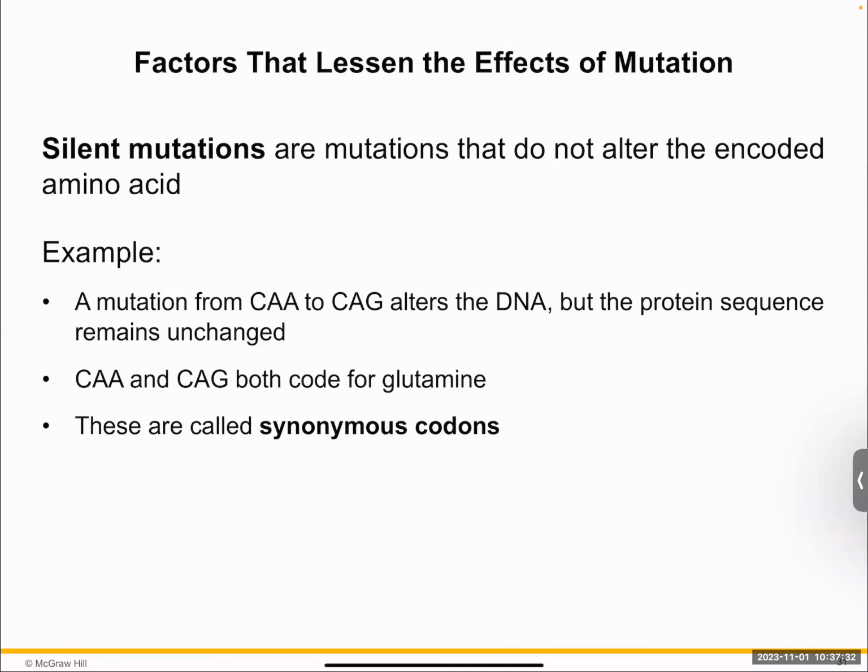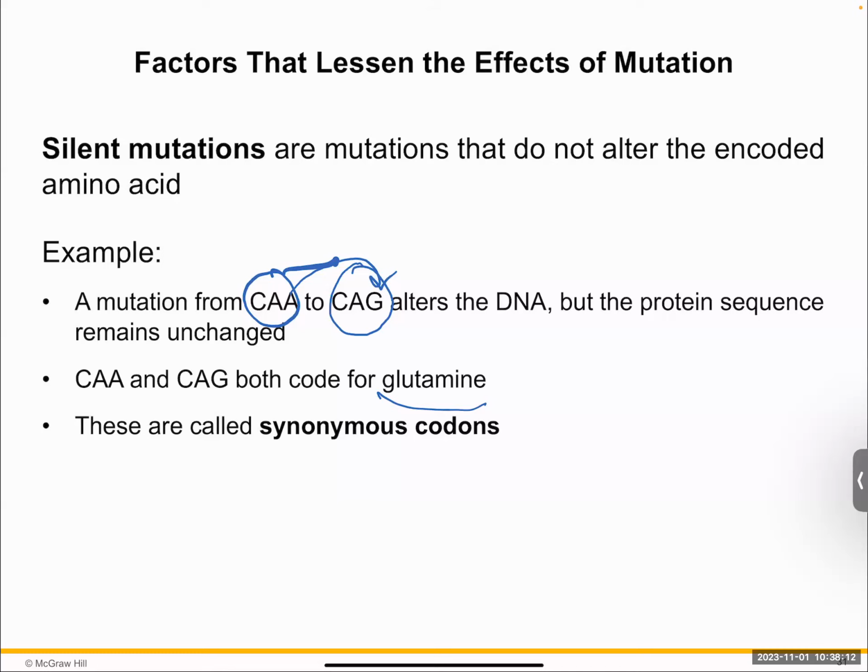Now, we did talk about silent mutation. Remember, silent mutation is where you basically have no change in the amino acid being synthesized. For instance, if you go from CAA to CAG, both of these encode for an amino acid called glutamine, which means even though you do have A changing to G, which is a point mutation, you did not change the final amino acid being utilized, and therefore this is considered to be a silent mutation.